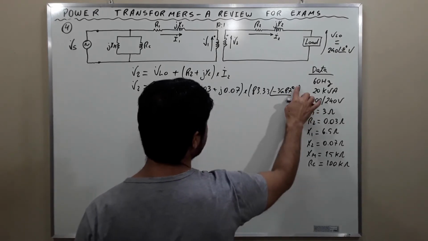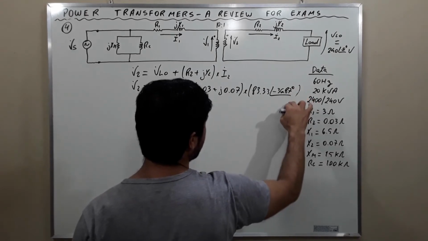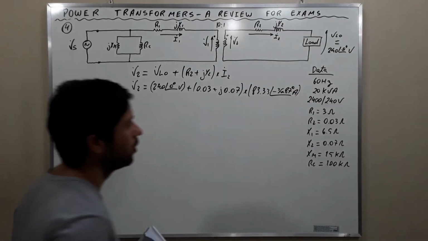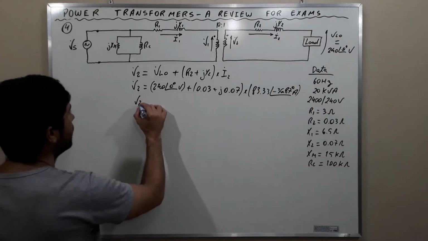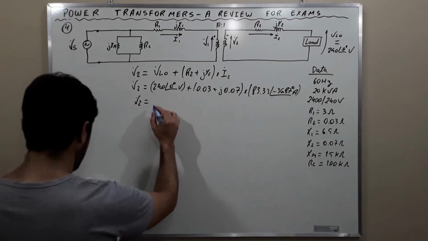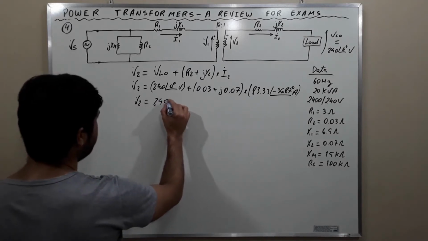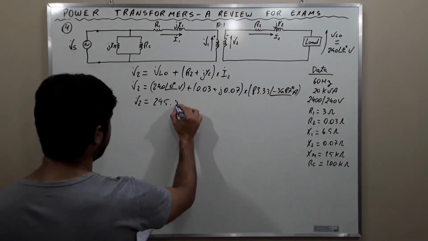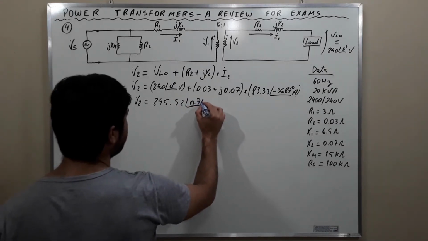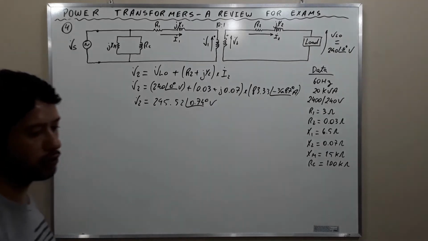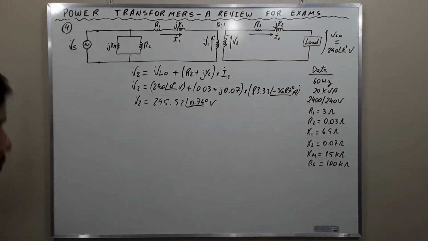Now this is the current, amperes; current is measured in amperes. Alright, and calculating, we find V2 equal to 245.52 phase 0.74 degrees volts. Okay, this is V2.